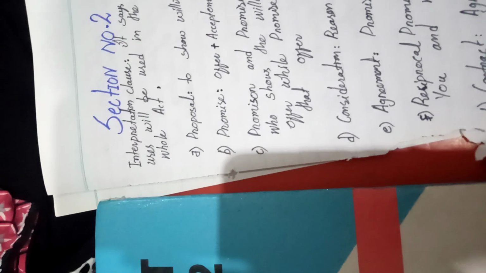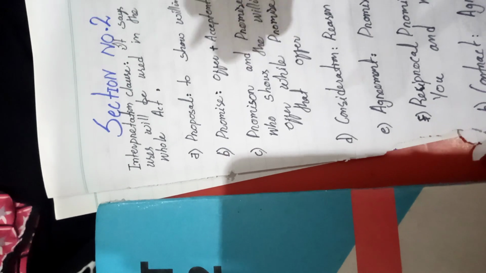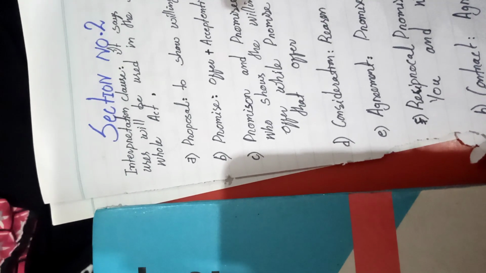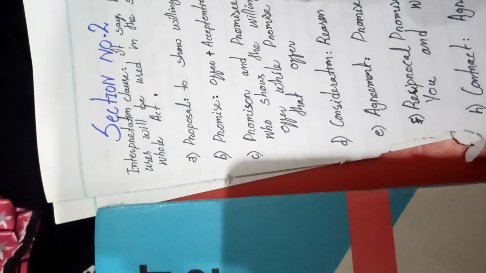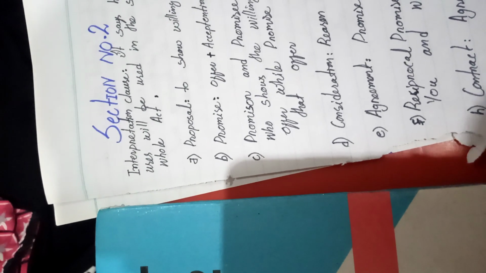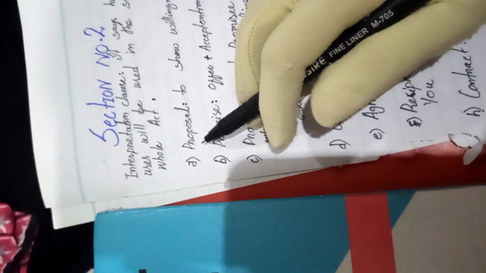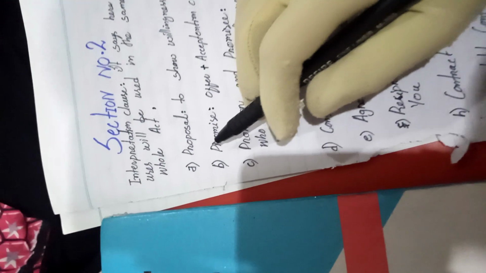That is quite a simple thing, which we call the interpretation clause. So let us start with clause A of section 2 of the Contract Act 1872.